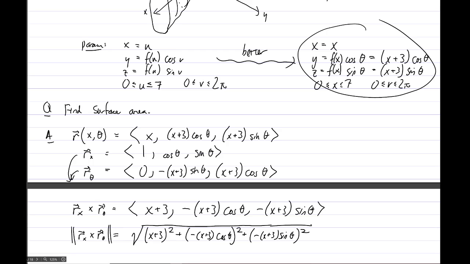If you work this out, it'll end up being the square root of (x + 3)² plus (x + 3)². If you collect like terms and work out some of the details, you can take the square root of (x + 3)². Eventually, you're going to end up with (x + 3) times root 2. We won't work through those details right now.